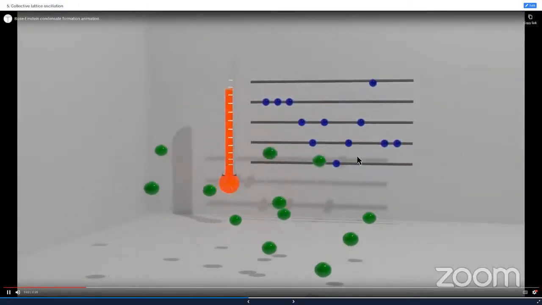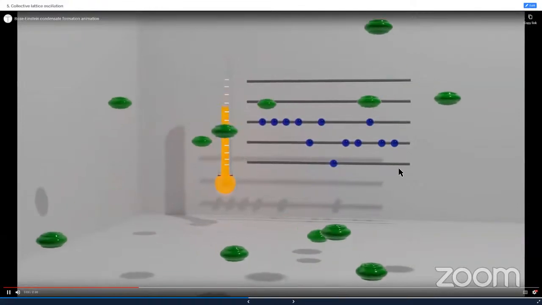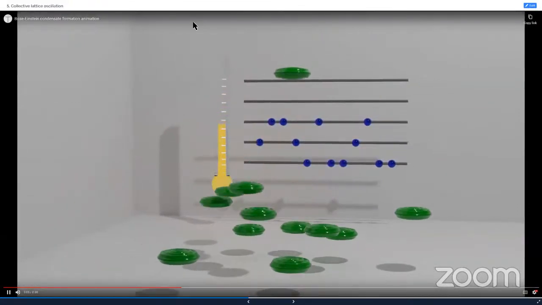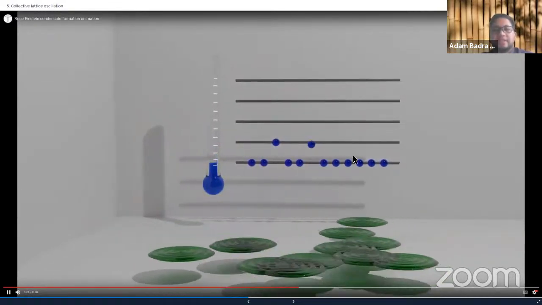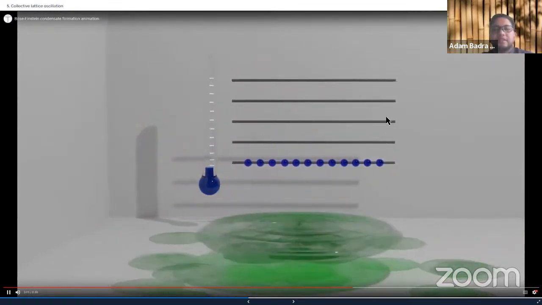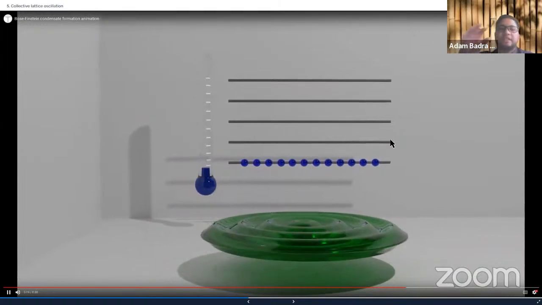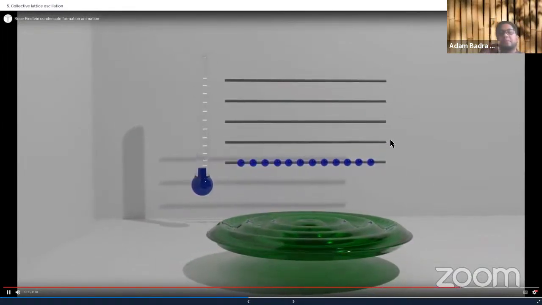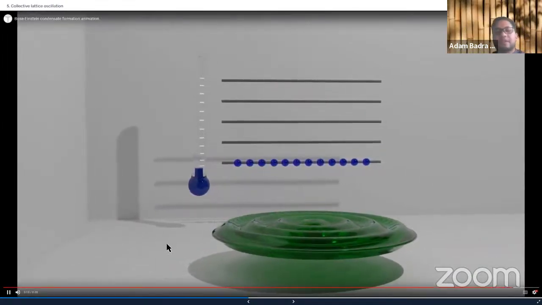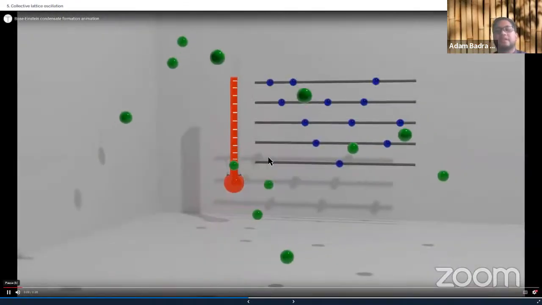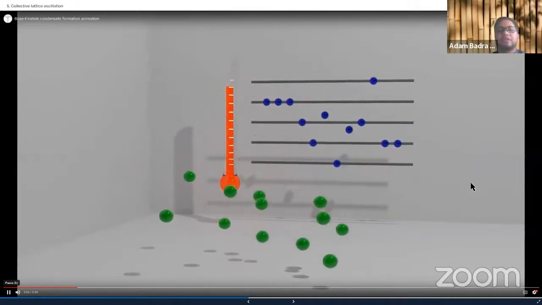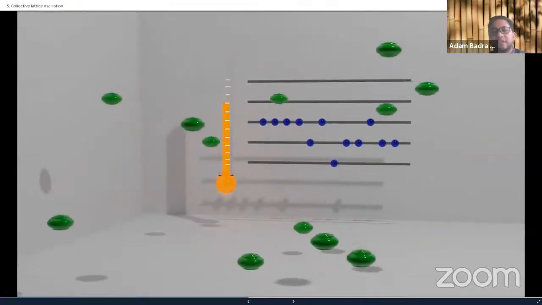This illustrates the quantum energy levels that can be occupied by the atom, and each of these energy levels has some probability that is governed by the Bose-Einstein distribution.